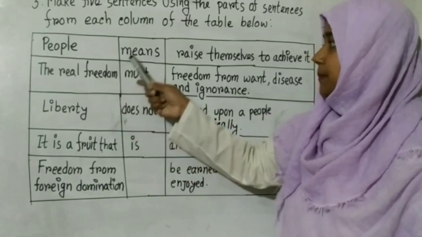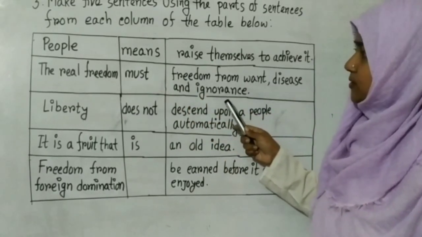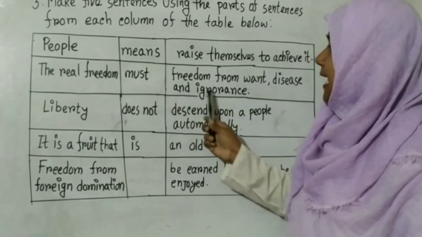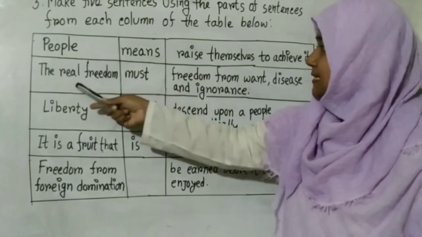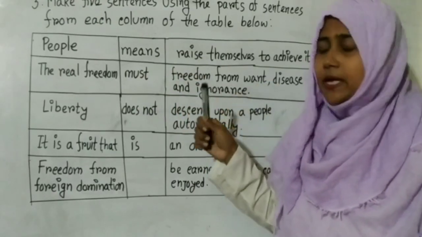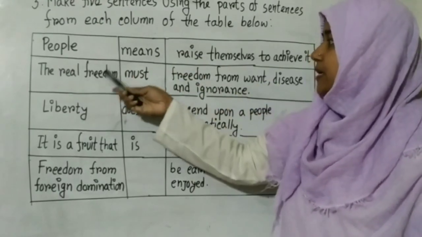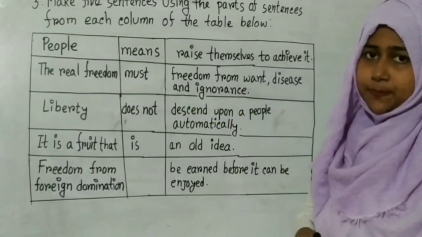The real freedom means freedom from want, disease and ignorance. This sentence has specific meaning and it follows all the rules, subject, verb and object.